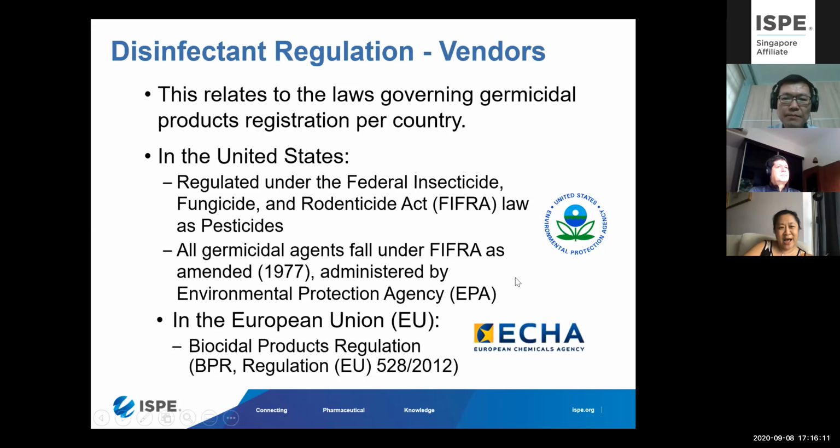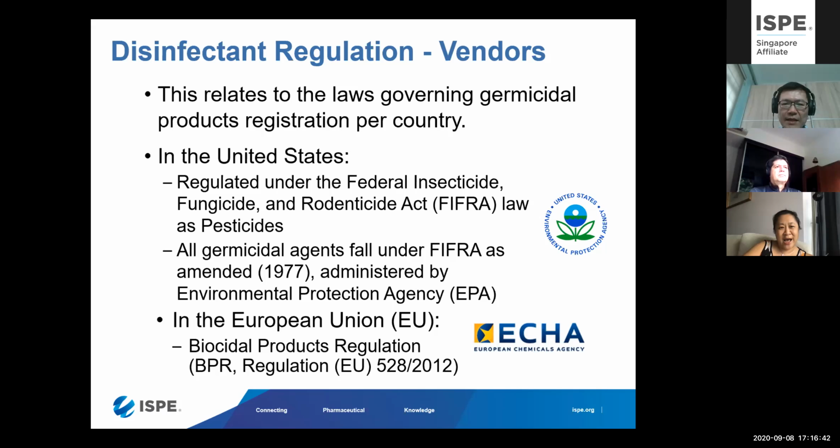For the EU, they have their own germicidal products regulation, called the Biocidal Products Regulation. So it's a different regulation altogether. In this context, we look at the US, which is under the EPA. This means that all chemical disinfectants are under the EPA and not under the FDA or EMA.